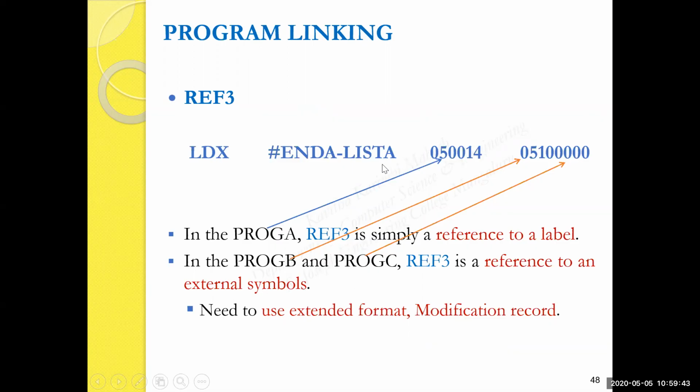They involve reference to external symbols which are not defined in program B or C. Hence, the instruction needs to be assembled using the 4-byte extended format with modification records in the object program indicating the loader to add the actual value of NA to the address field. Likewise, subtract the value of list A from the field at the indicated location, that is, the address field of the instruction.